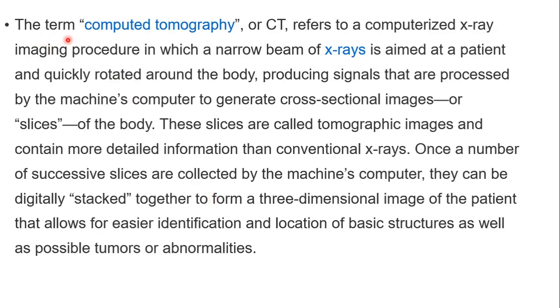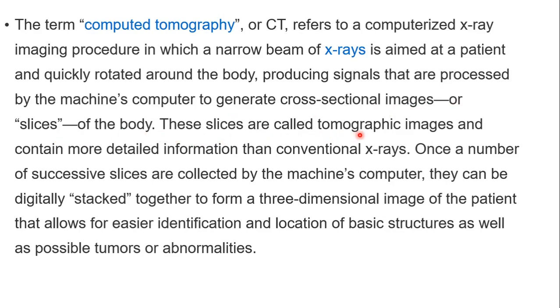The term computed tomography, or CT, refers to a computerized X-ray imaging procedure in which a narrow beam of X-rays is aimed at a patient and quickly rotated around the body, producing signals that are processed by the machine's computer to generate cross-sectional images or slices of the body.